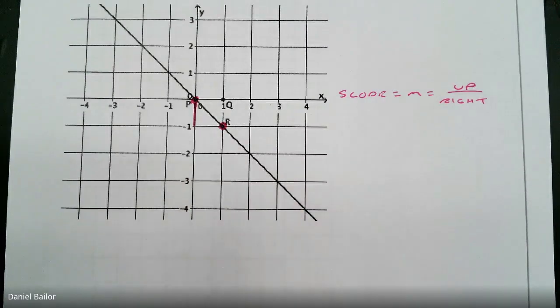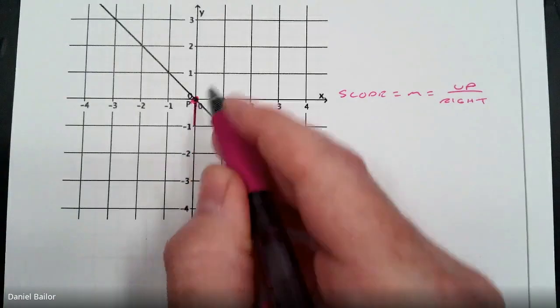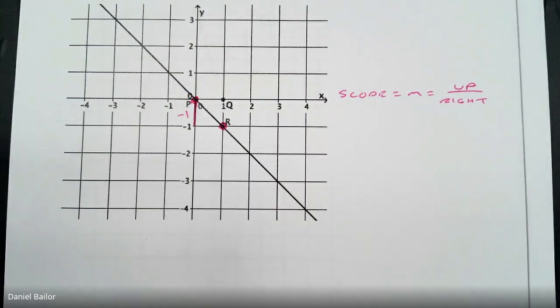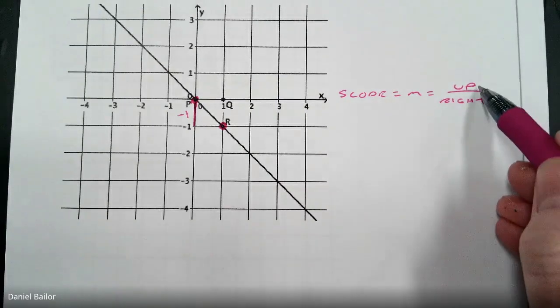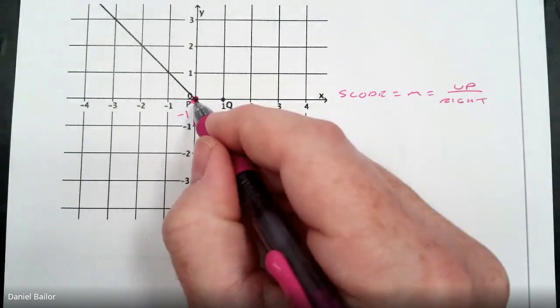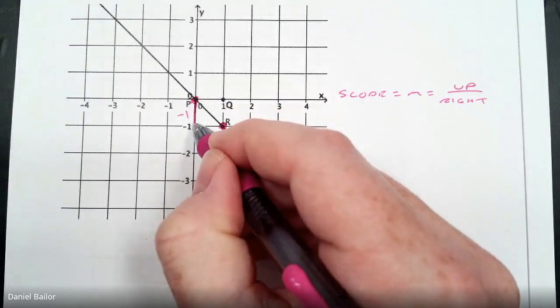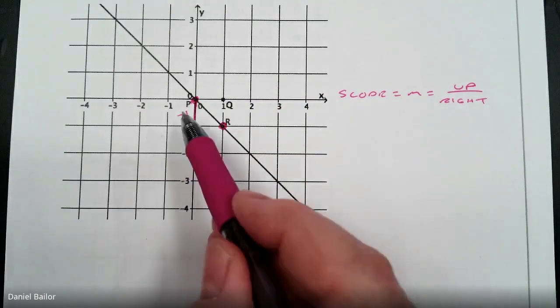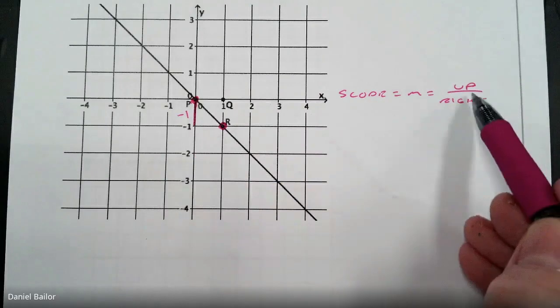Well, this is where it gets a little bit tricky. I did go up. I just went up -1. So we have to keep going up. Do not change this to down. It is still up, but when you go down, it's negative up. Down is just negative up.